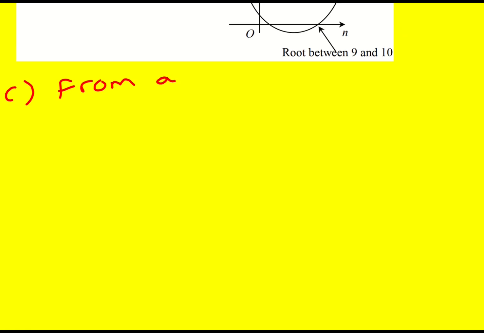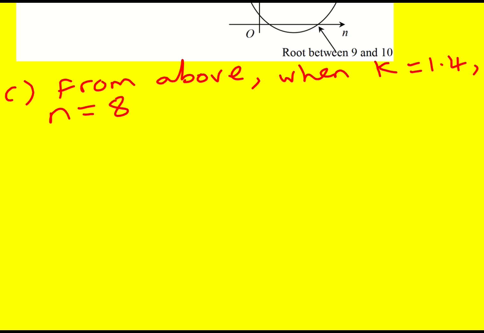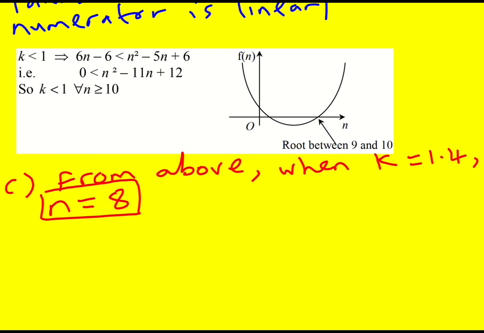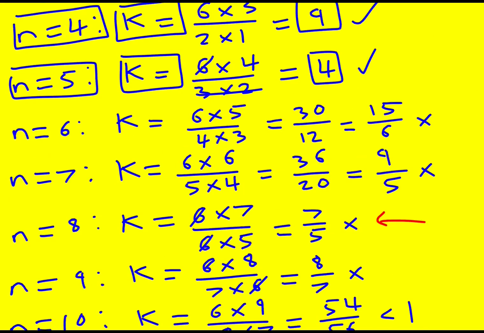From above, when k equals 1.4, n is equal to 8. And let's say you didn't spot that, or you wanted to show more working, or you hadn't done that original calculation. Well, we can still work it out, so I will show you how to do that.